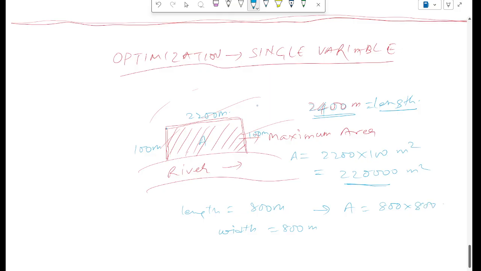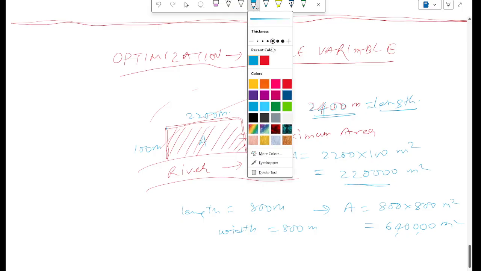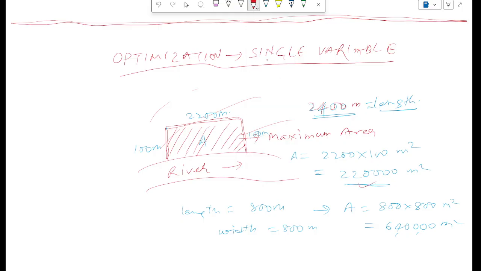Length into width meter square, and by this guess we are going to get 640,000 meter square, which is obviously greater than the last guess. So this was a poor choice for the fencing, and this was relatively better choice.